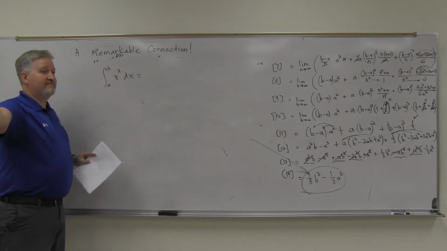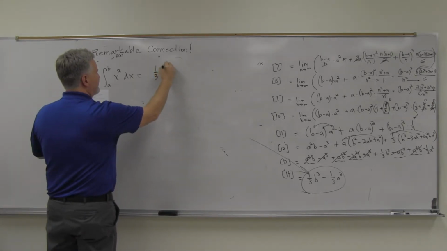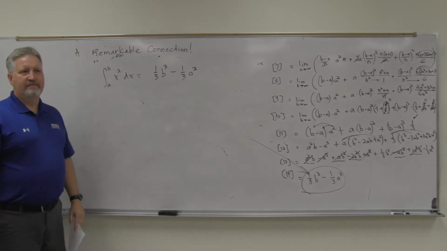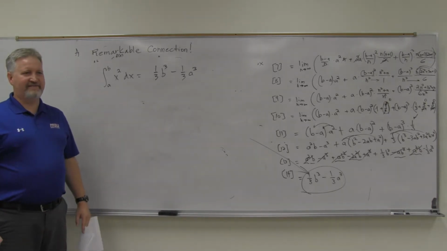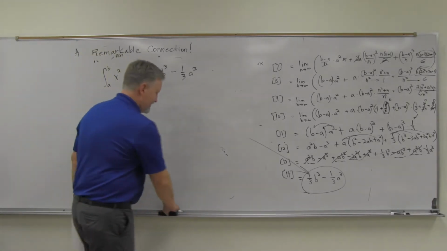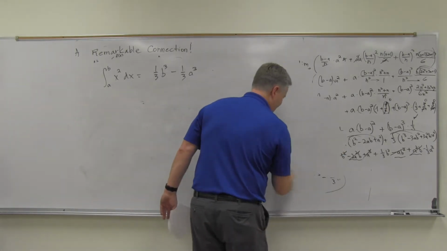Going through the Riemann stuff, it's 1/3 b cubed minus 1/3 a cubed. Probably, if you didn't know how this worked, you would not have guessed that all that would go down to just that, but it does. But that's still not the remarkable connection.